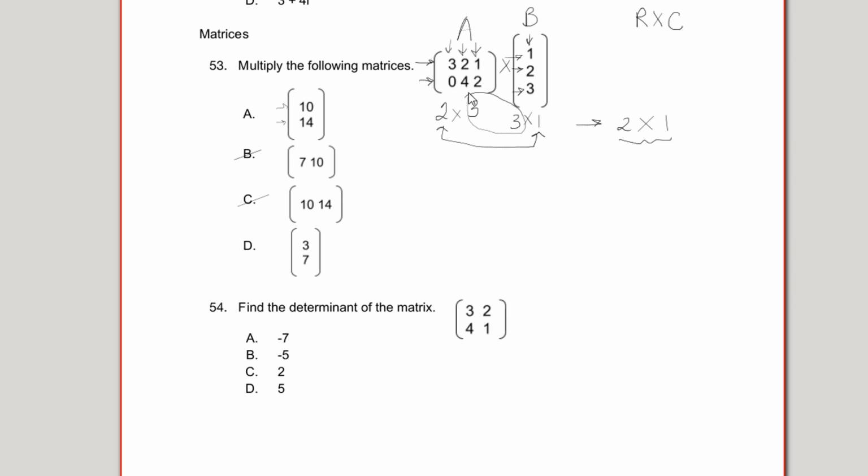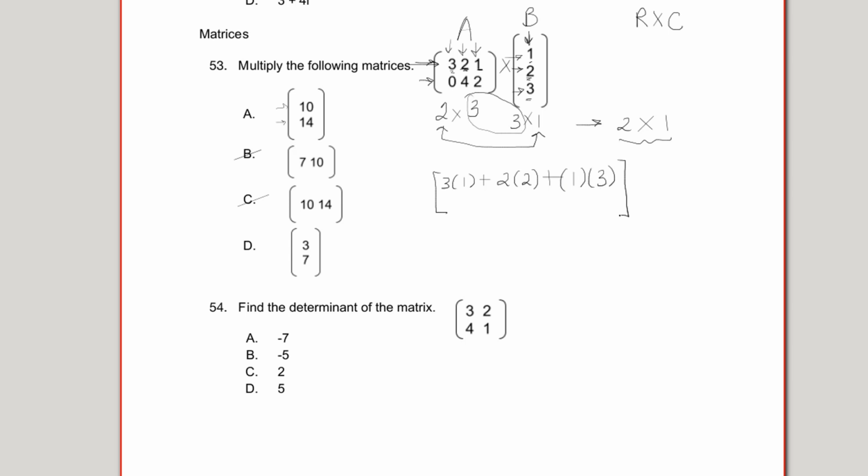But when we multiply matrices, we start off and we're going to multiply row 1 by column 1. So I'm going to set up my matrix here. I'm going to have 3 times 1 plus 2 times 2, row 1, column 1, plus this 1 times 3.